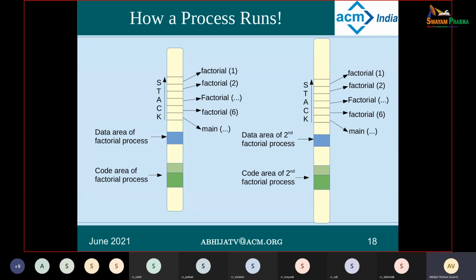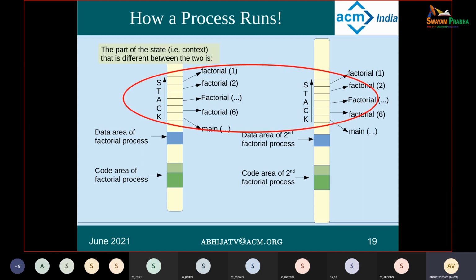Here you will notice there is an interesting part that is happening. There is a part of the state, that is the entire context, that is different between the two. And that difference is only as far as the stack is concerned. Are you agreeable with this?